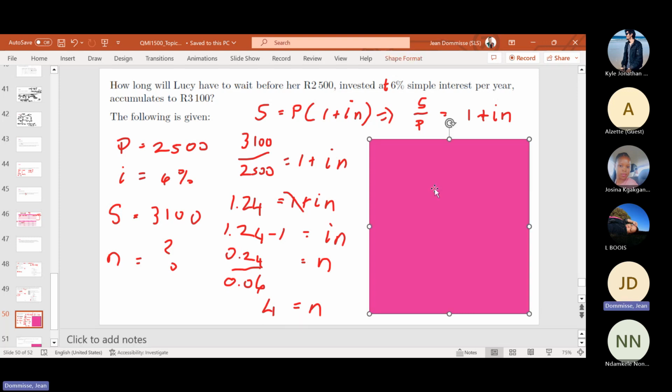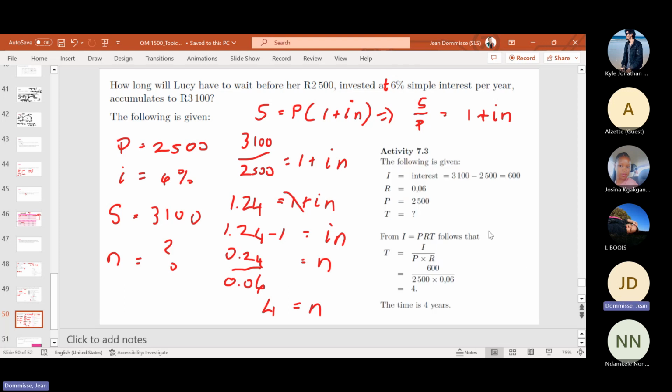So Kyle, well done. And here is just another explanation of how they did it. You can work with the original formula, or you can go to the interest component and work from there.